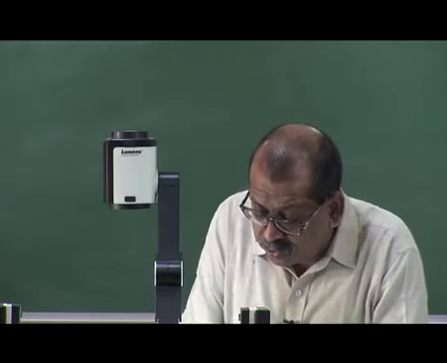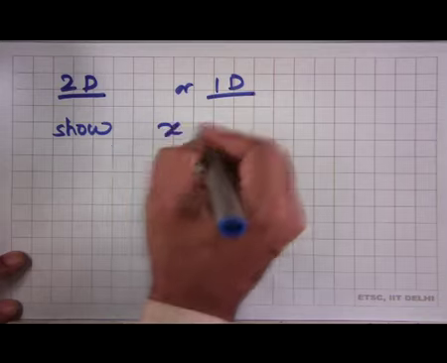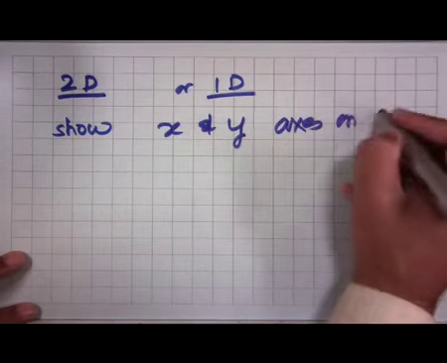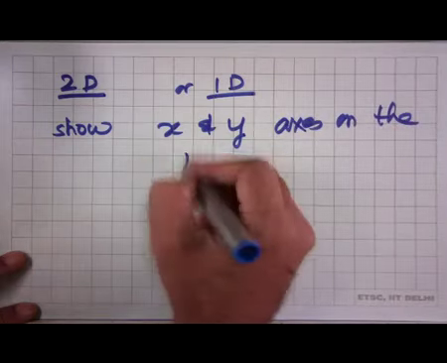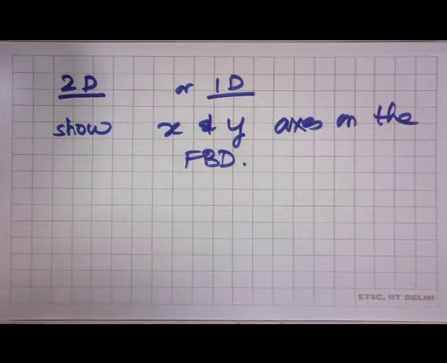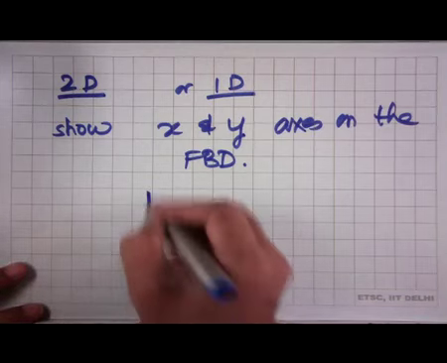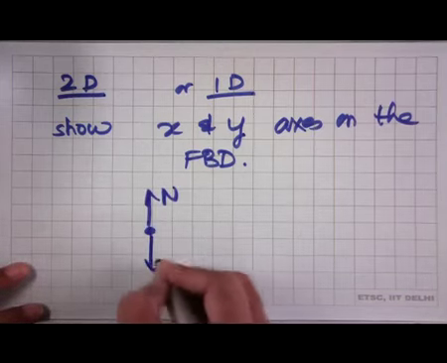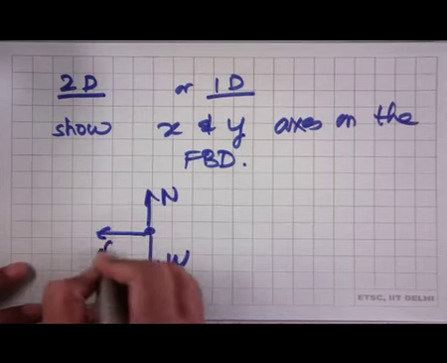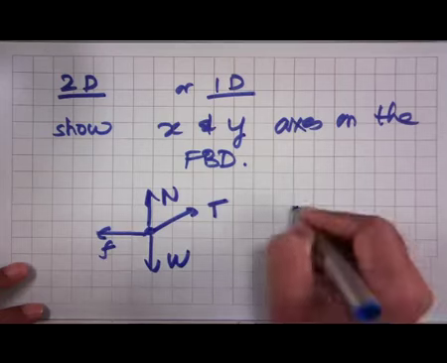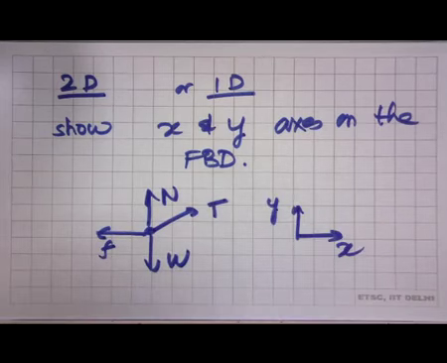So, we should show x and y axes on the problem, on the free body diagram. So, somewhere next to the free body diagram, for example, I had drawn the free body diagram, normal reaction, W, friction force, T, I should show my x and y coordinates on the problem.